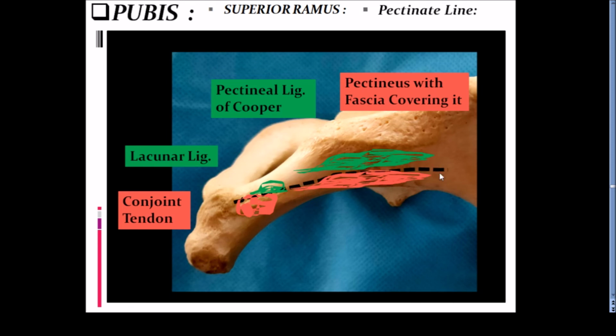So this whole length gives origin to the pectineus muscle along with the fascia covering it. One muscle, the psoas minor, is sometimes present and sometimes absent. If the psoas minor is present, then it is inserted on the pectinate line of the superior ramus. So these are the attachments of various structures on the pectinate line of the superior ramus.